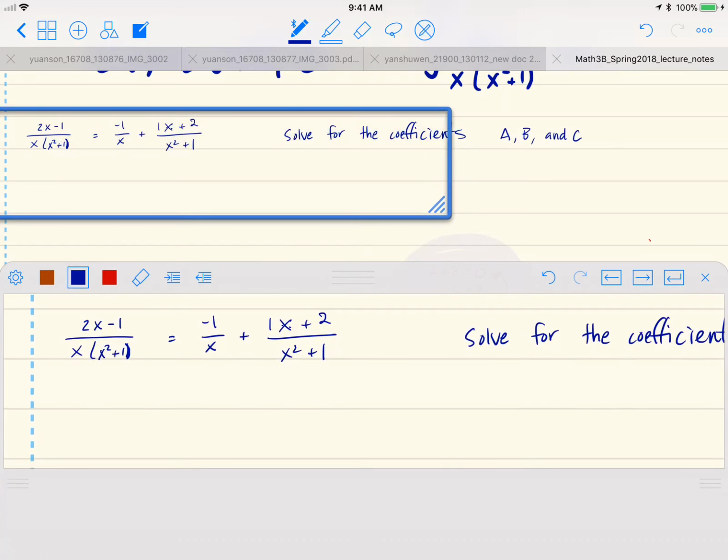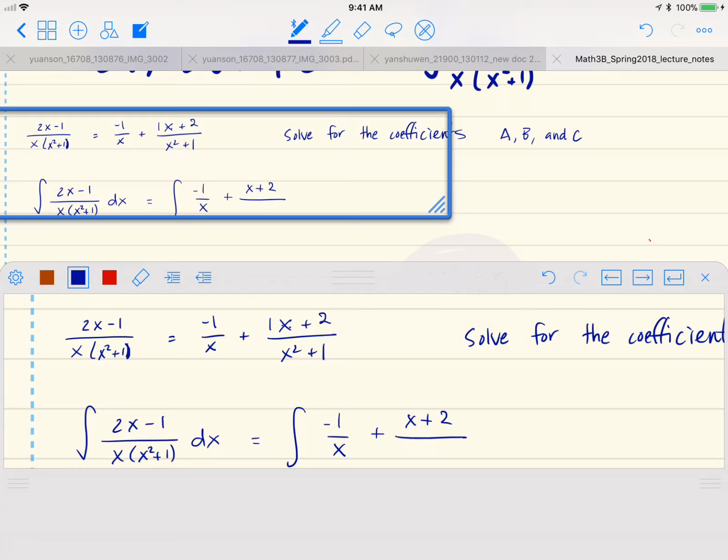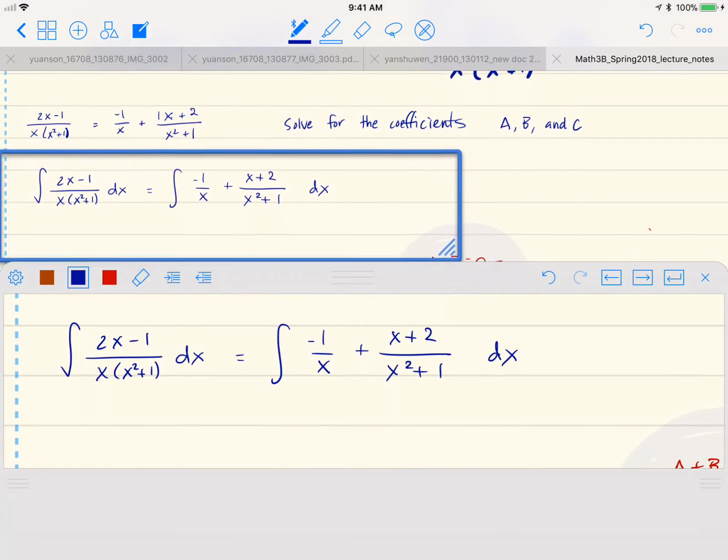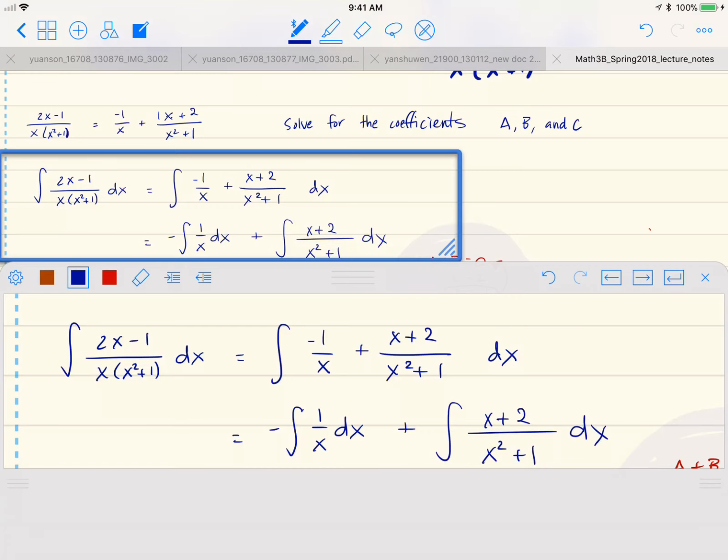So the integral of 2x minus 1 over x times x squared plus 1 dx is equal to the integral of -1 over x plus x plus 2 over x squared plus 1 dx. The first thing I'm going to do is split up these integrals: negative integral of 1 over x dx plus the integral of x plus 2 over x squared plus 1 dx.